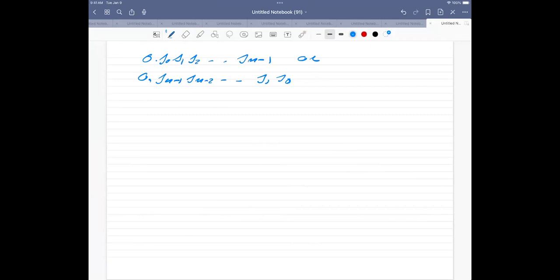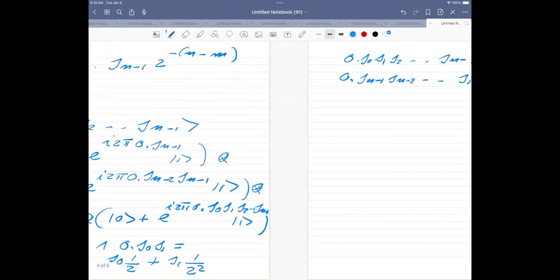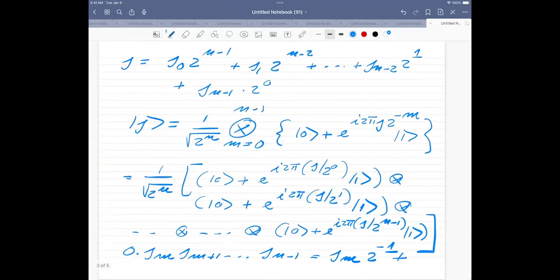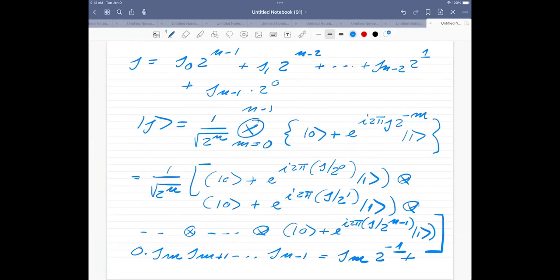So adding a phase, this is something which we need to look a little bit at now, because when you look at the quantum Fourier transform, there is something which goes like e to the power of I 2 pi, multiplied with some kind of fraction. And this is going to represent specific rotations.